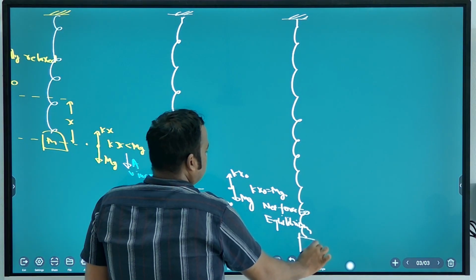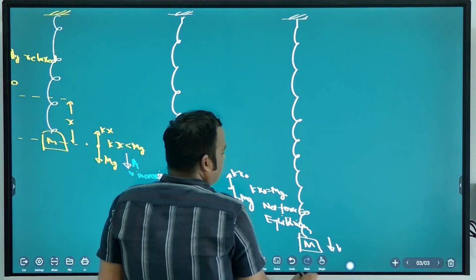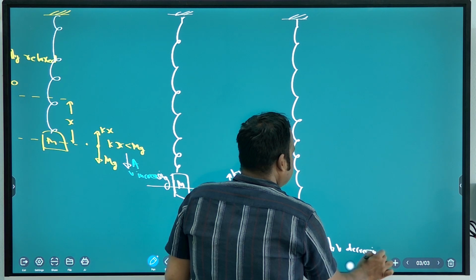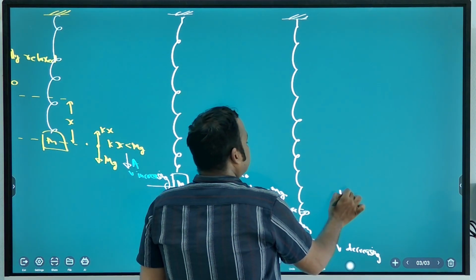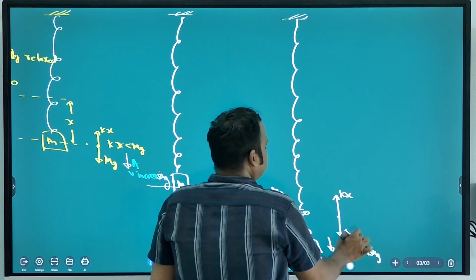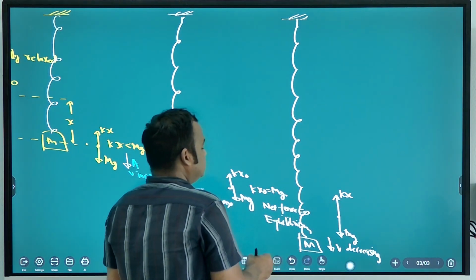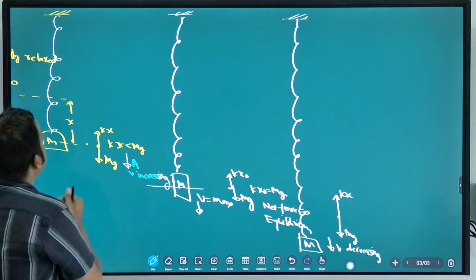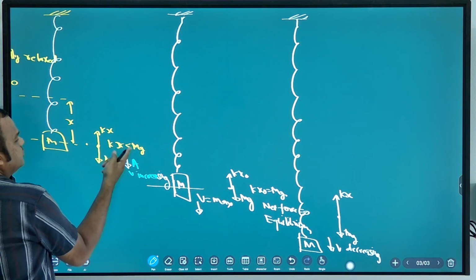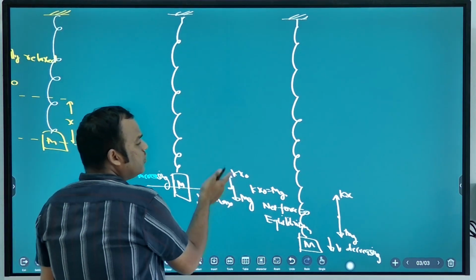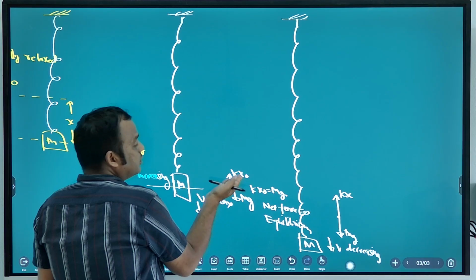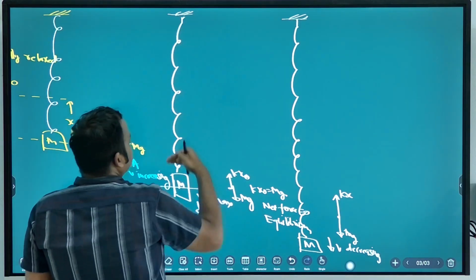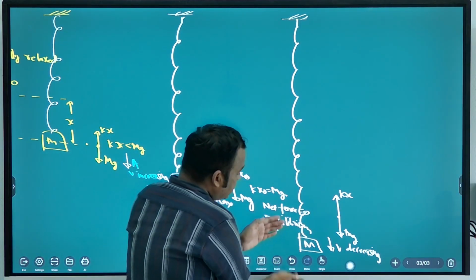Now it is going down further, but speed is decreasing now. Tell me why. Because what is the upward force? kx. Downward force is mg. Which is greater now? Here both were equal, but x is now more, the elongation is greater.